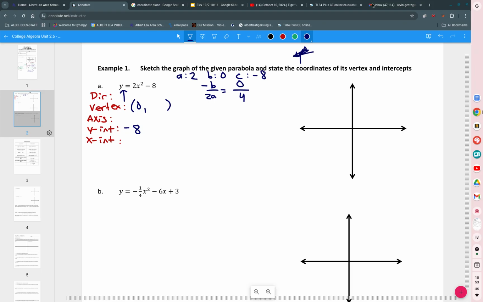So how do I come up with the y value of the vertex? I plug in my x value. And when you plug in your x value into here, you have 2 times 0 squared minus 8, which is -8. I'm ready to start generating my graph.